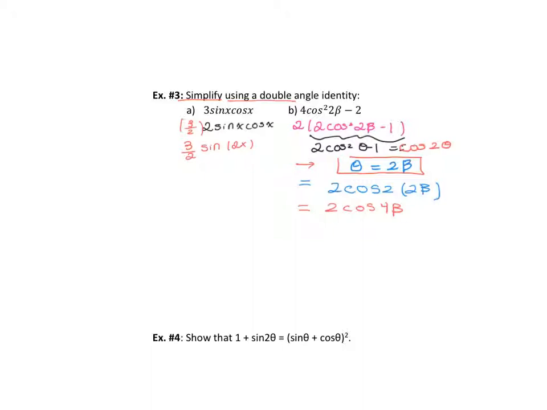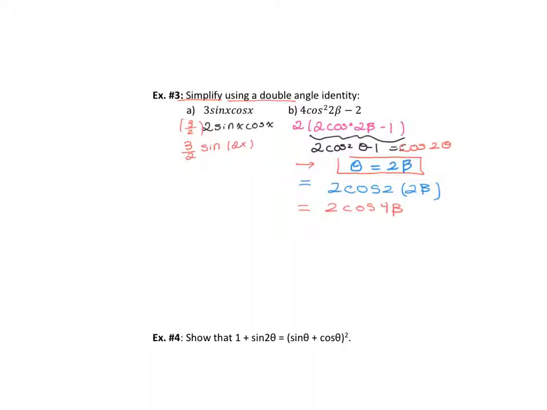So again, it looked like a simple solution, except we have to be careful what we have in for our angle. We have a 2 beta and not a theta. And because we have a 2 beta and not a theta, we have to use substitution and say, okay, let's make theta equal to 2 beta.